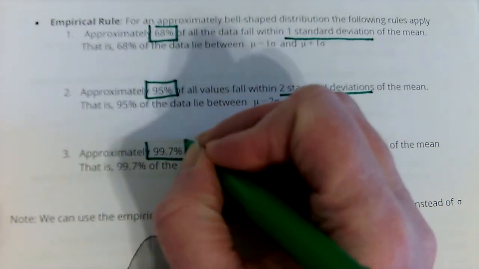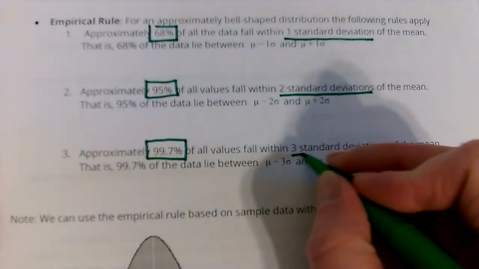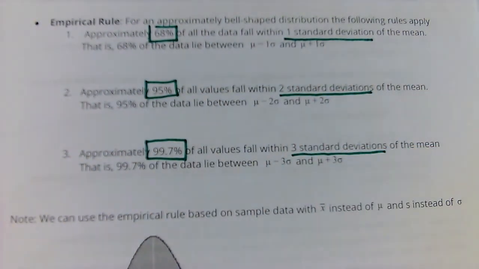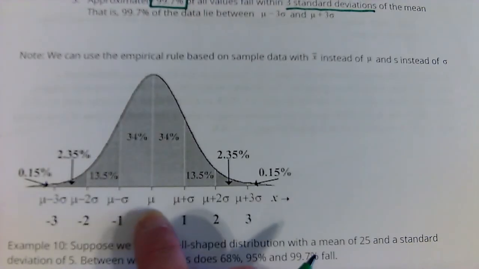And 99.7% will be within 3 standard deviations. That's the empirical rule. And it's beautiful. What that means is if this is my mean, and this is showing the population here, population mean being in the middle.